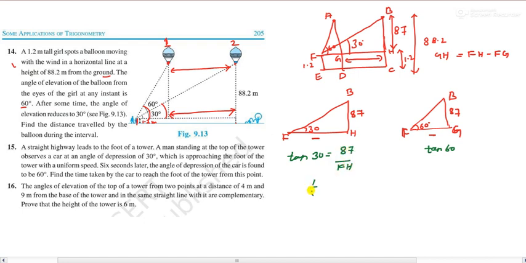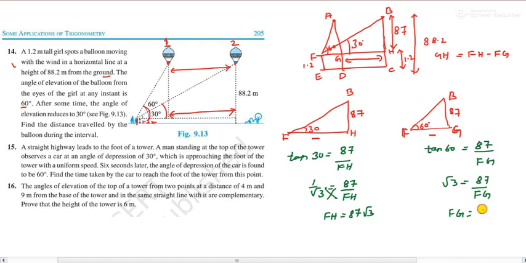So this is 1 by root 3, which is equal to 87 by FH. On cross multiplication you will get FH as 87 into root 3. Here tan 60 is 87 by FG. So this is root 3, which is equal to 87 by FG. So FG will be equal to 87 by root 3. Now we got both. So GH will be how much?